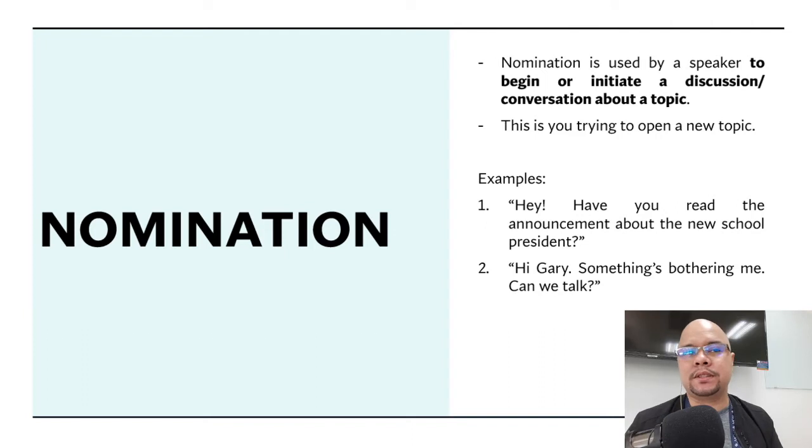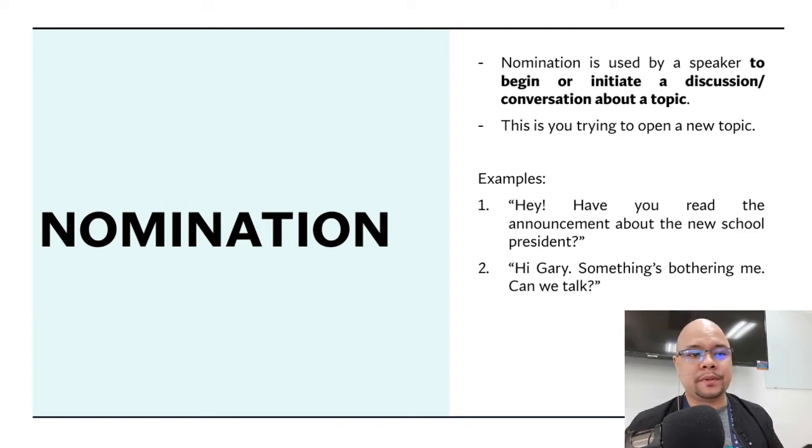These are statements which you might have heard or you might have said to some of your friends. Hey, have you read the announcement about the new school president? Okay, so you are trying to open a conversation about the new school president. Second, hi Gary, something's bothering me. Can we talk?